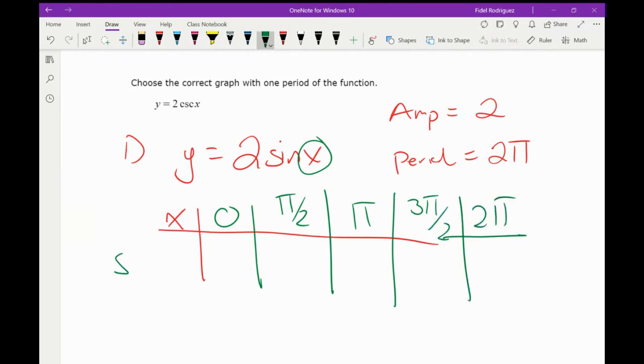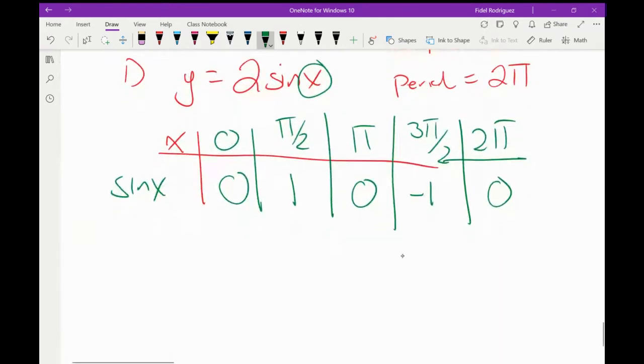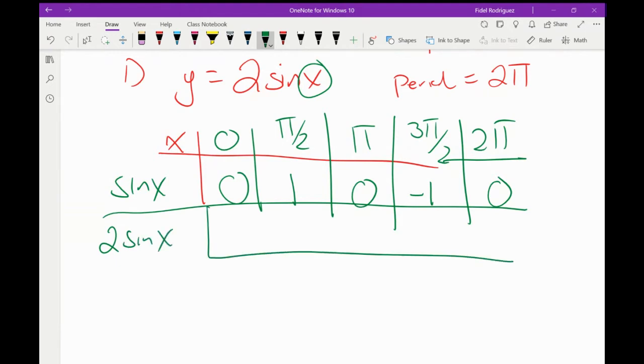So what is the sine of these things going to look like? Do we know what sine of 0 is? Good. And now, if we have a 2 in front of it, that's right, you're going to put 0, 2.